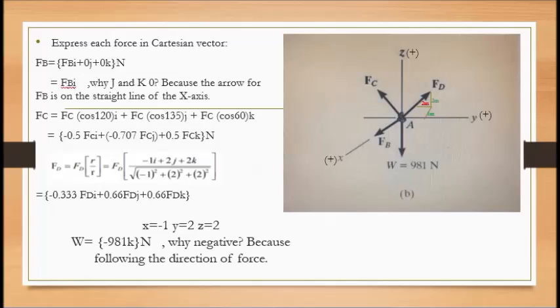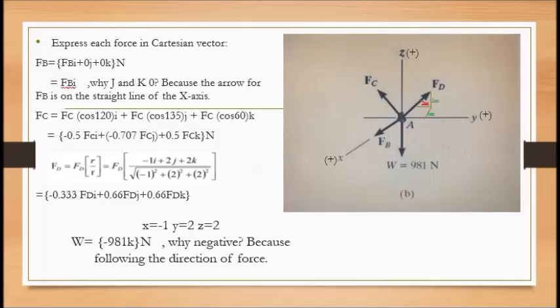The angle with the x-axis is 120 degrees, so the first thing we put is FC cos 120 i. The angle it makes with the y-axis is 135, so we put FC cos 135 j. And the angle it makes with the z-axis is 60, so we put FC cos 60 k. If we solve, we get minus 0.5i minus 0.707j plus 0.5k, all multiplied by FC.